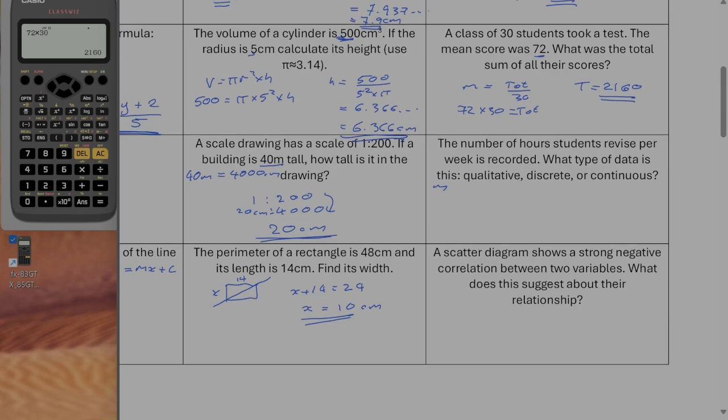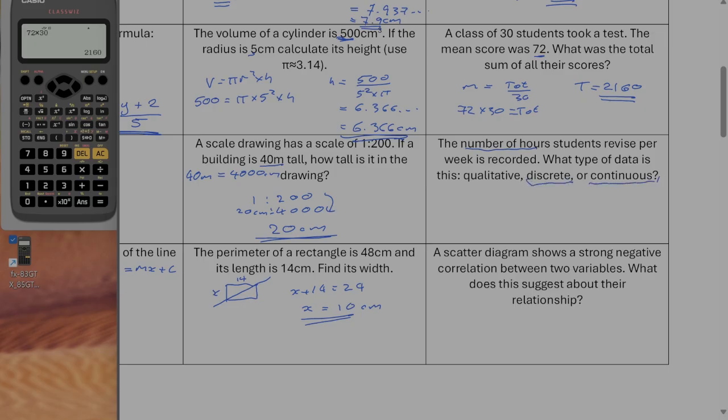Okay, number of hours students revise per week is recorded. What type of data is this? Qualitative, discrete, or continuous? The number of hours. There's an argument for it being discrete or continuous.